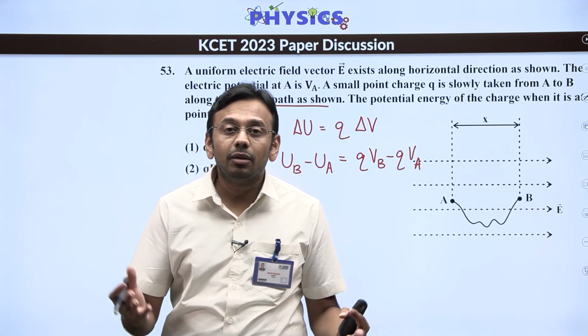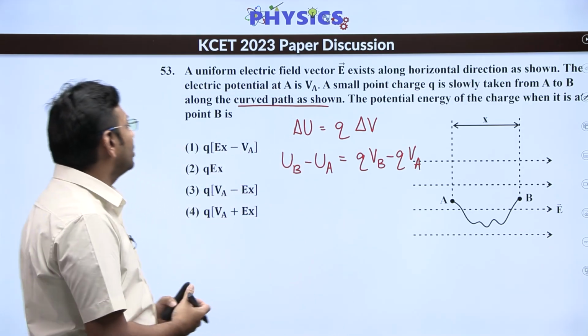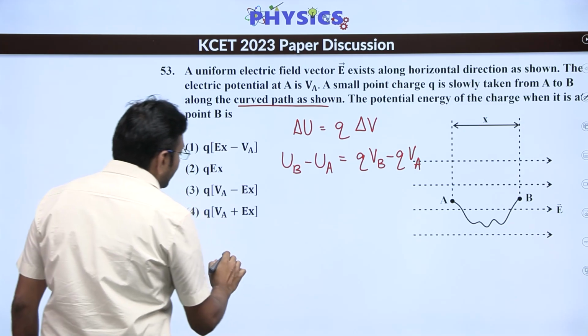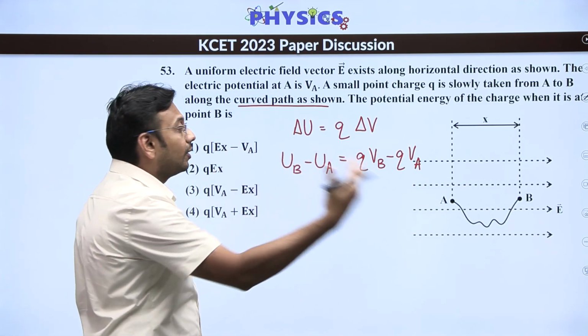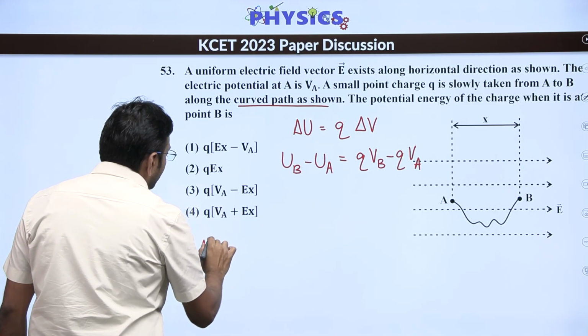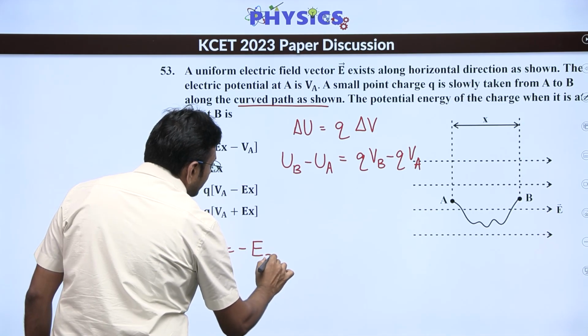So, how do we relate the potential with the electric field? Again, very simple, there is a relation between the two. We know very well that in the direction of the field, potential decreases, potential drops. Delta V therefore will be equal to minus EX.